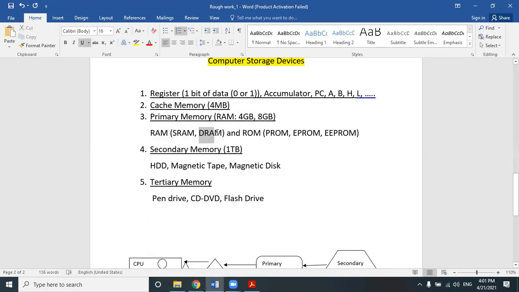But in the case of dynamic RAM, even when the power is on, dynamic RAM leaks the information automatically, because dynamic RAM is generally made with a regenerator circuit. Okay, regenerator circuit.